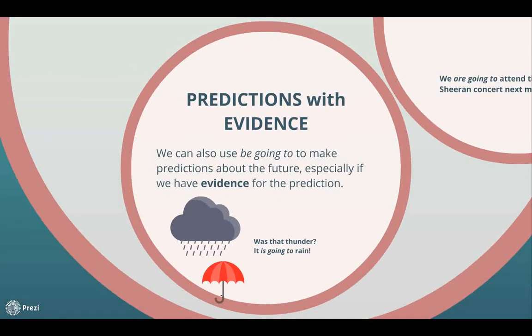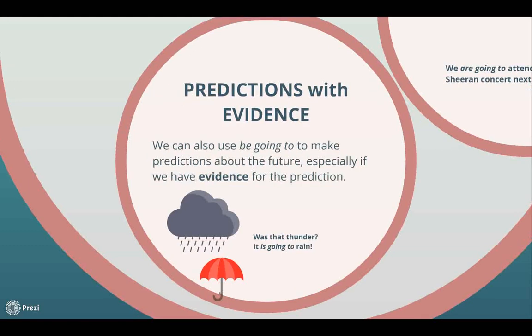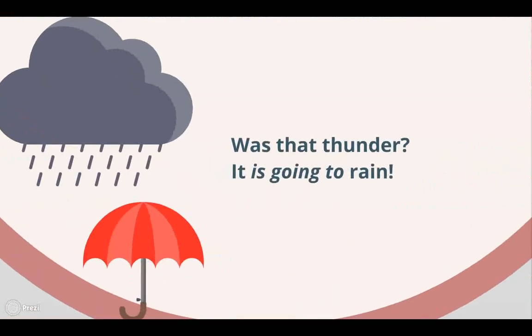The next option is to use be going to make a prediction or a guess about something that will happen in the future. And we especially use be going to if we have evidence that this will happen in the future. For instance, maybe you're walking outside and you hear some thunder. That would be good evidence that a rainstorm is coming. So I could say something like, was that thunder?